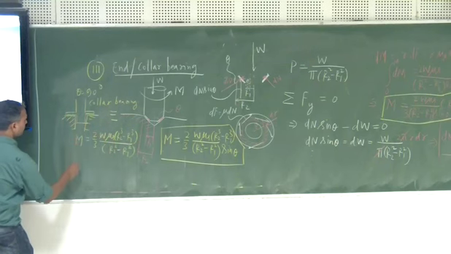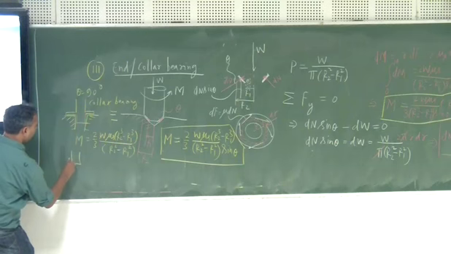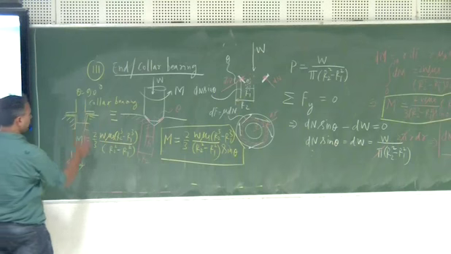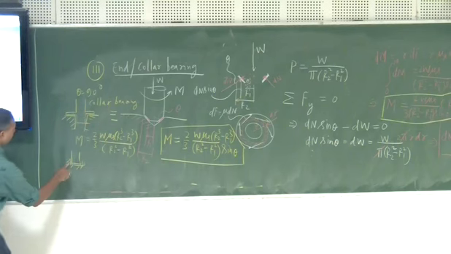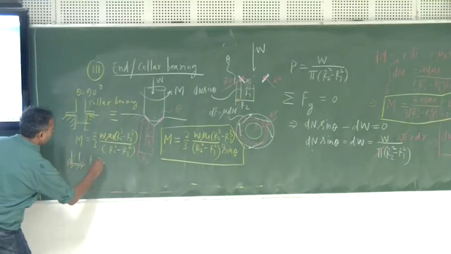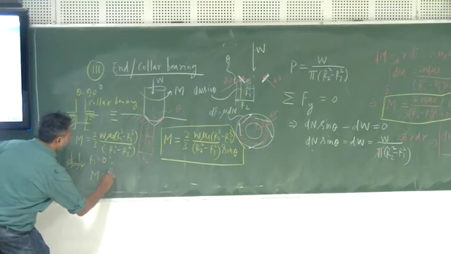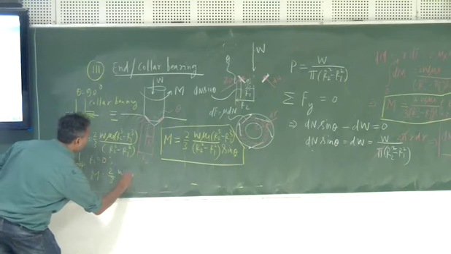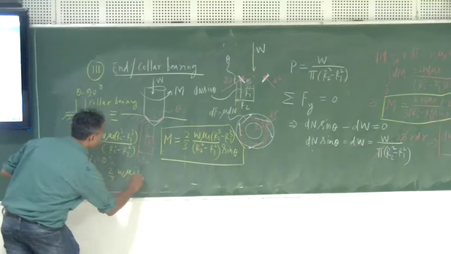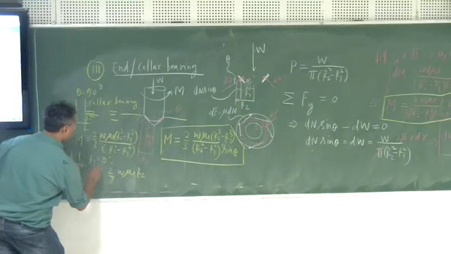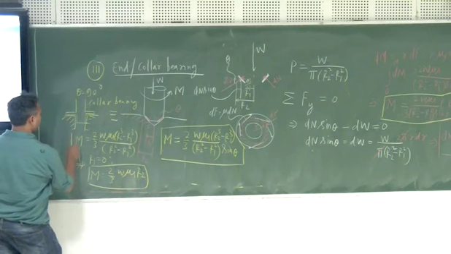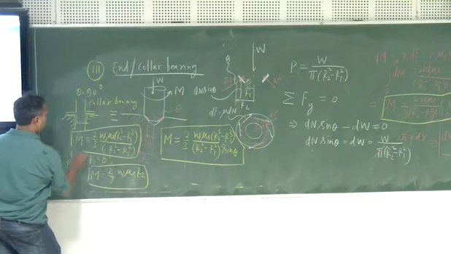Now if you want to discuss the end one in which you had this case, in this case r1 will become 0. This is the case where r1 will become 0. So our M will be equal to 2 by 3 W mu s r2. So this is one case, this is another case.